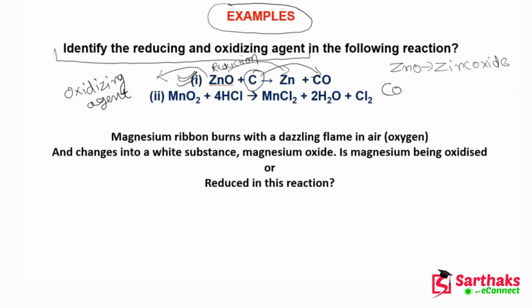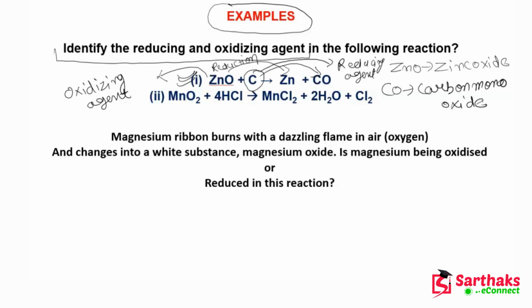This CO is carbon monoxide. So this is getting oxidized, and that's why this carbon is reacting as a reducing agent. I hope guys this thing is clear to you.